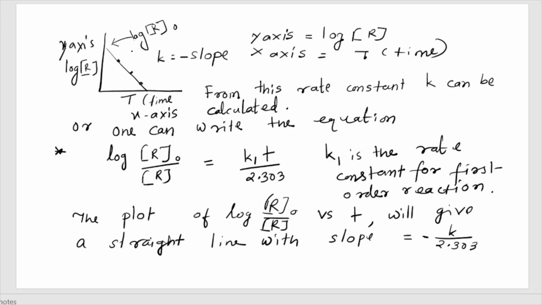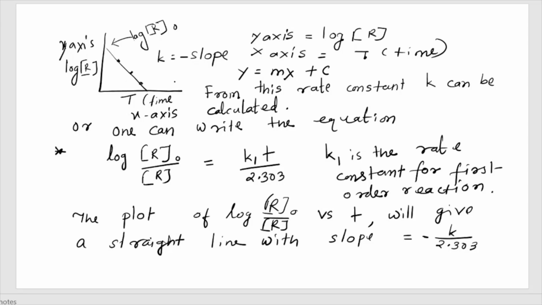What will you get here? You will get log r0 as the intercept. This is the formula y equals mx plus c. C means intercept, that is log r0, and m means slope, where k equals minus slope, and y means log r.